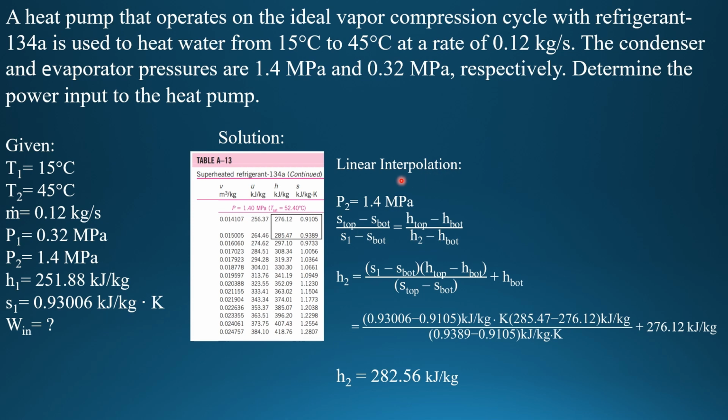Next, to find the specific enthalpy at state 2, we will be using the value of our pressure at state 2 that is equal to 1.4 megapascal. So here at table A-13, the superheated refrigerant 134A table, you will be using this pressure here, 1.4 megapascal.